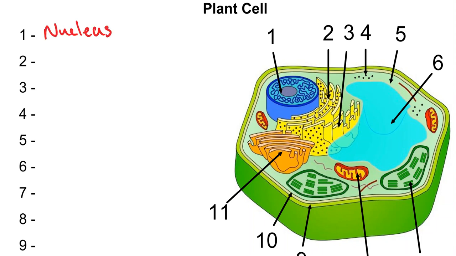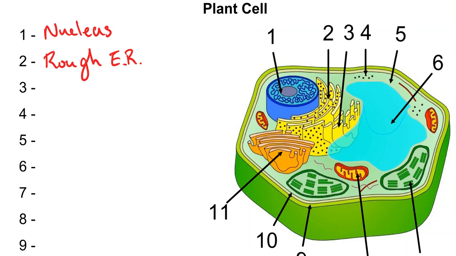Blame me, that's fine. Number 2 is pointing at the spotted thing that's wrapping around it. That's the rough endoplasmic reticulum. Rough endoplasmic reticulum, just remember, is in charge of producing proteins and packaging proteins and shipping them throughout the cell, right? The endoplasmic reticulum is just a series of tubes.